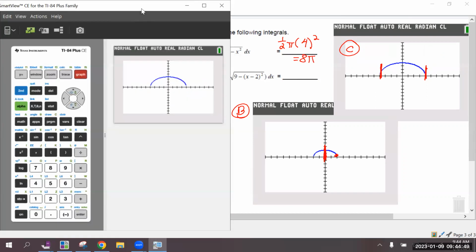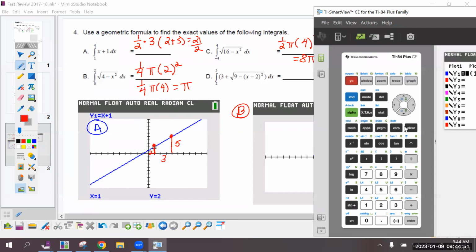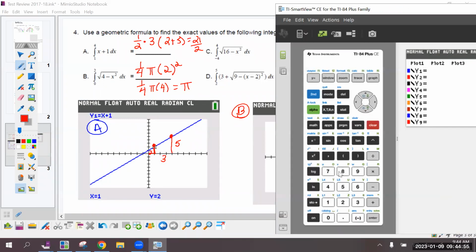Last but not least, we got 3 plus the square root of 9 minus (x minus 2) squared.